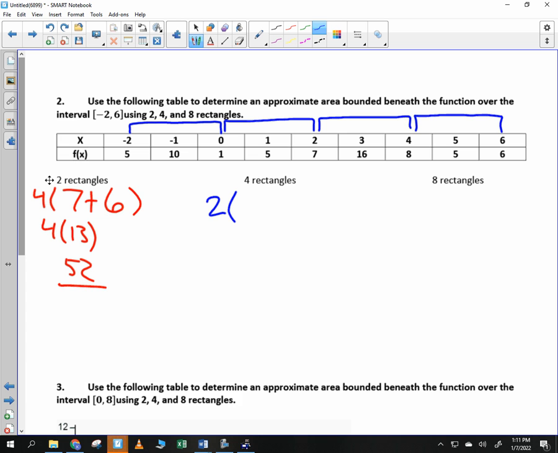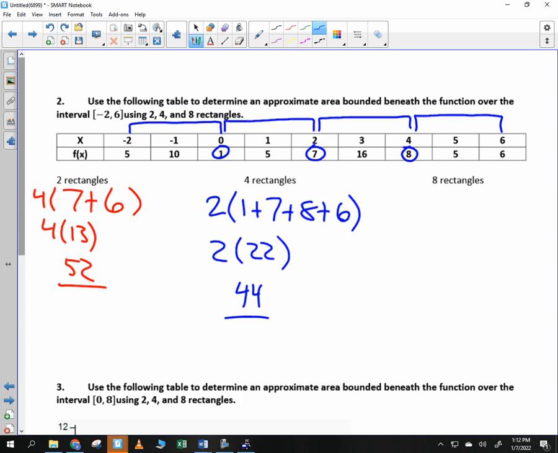And you get 1 plus 7 plus 8 plus 6. So 22. I got 44. We're on the same page there.